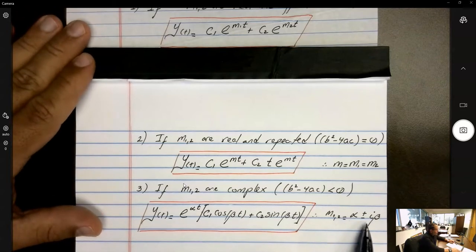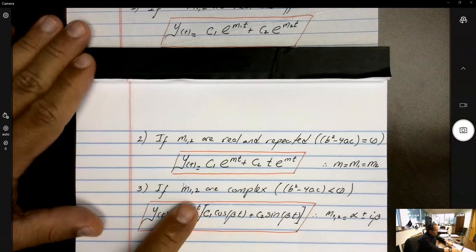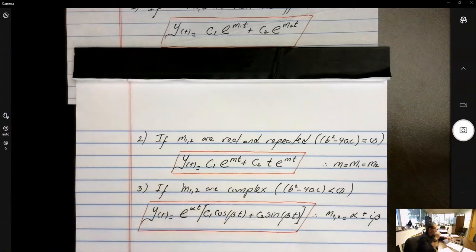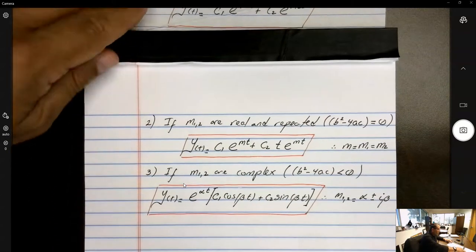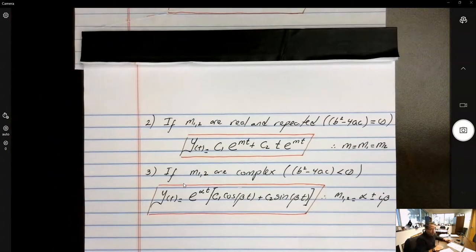When there's no real part, so the solution is purely imaginary, then this will go to 1, and you end up with a purely trigonometric solution. So essentially a wave solution with no decay or no amplification. So these are essentially the three options of what the solution of a second order ODE that is linear, constant coefficient, and homogeneous would look like.